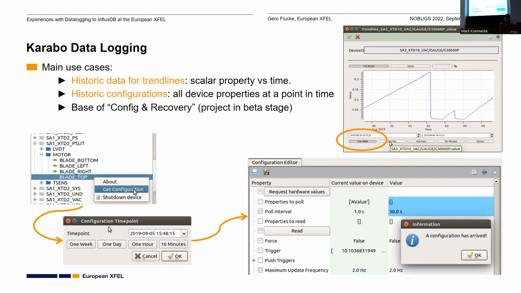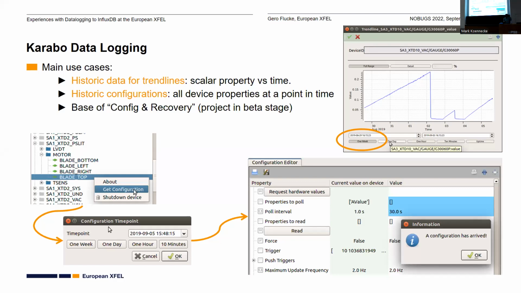The main use cases of logged data in the control system are to get historic data for trend lines. So you want to see, for example, the last week's value of some property of some device. In this case, it's some gauge where you use one week of data and you get a curve.